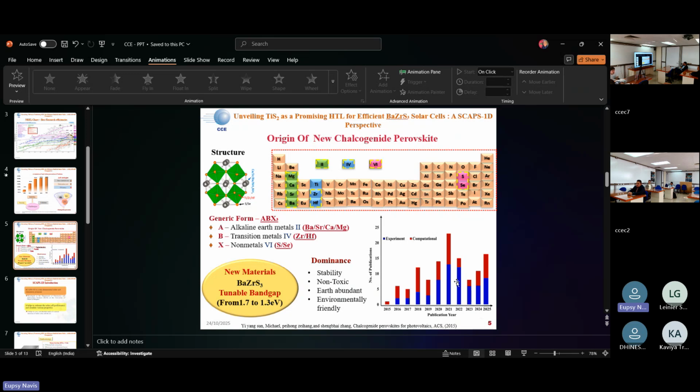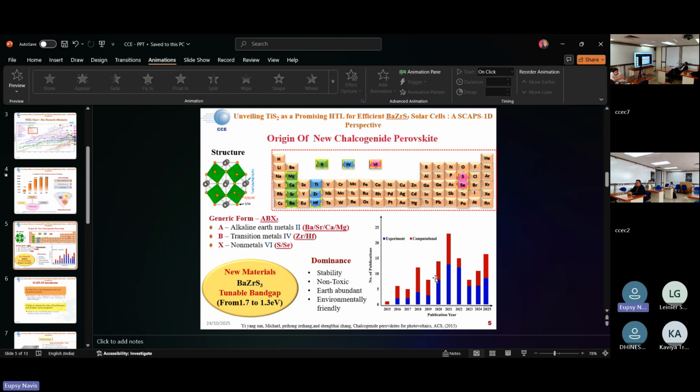They show dominance in stability, non-toxicity, earth abundance, and being environmentally friendly. This bar graph shows the compilation of publications, both experimental and computational, over the years from 2015. This graph reflects the scope of these materials, with an increase in the number of publications in a span of 10 years.